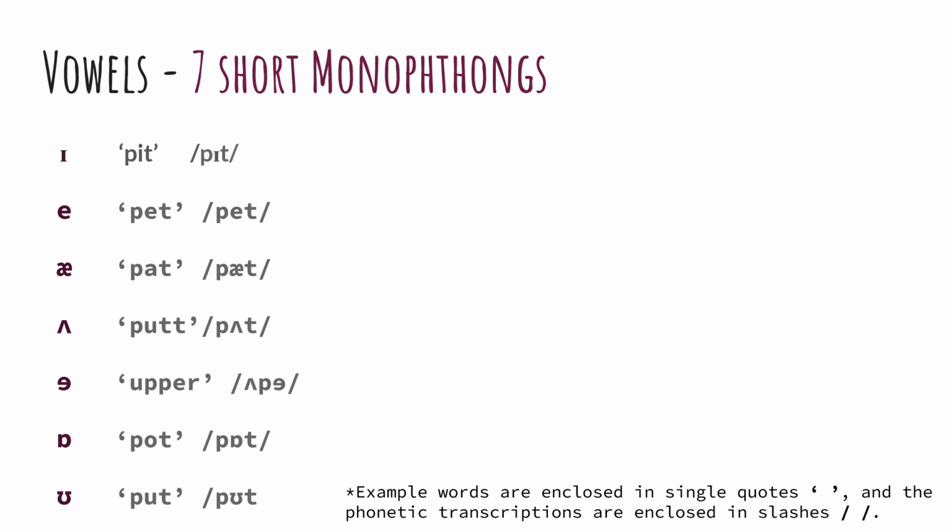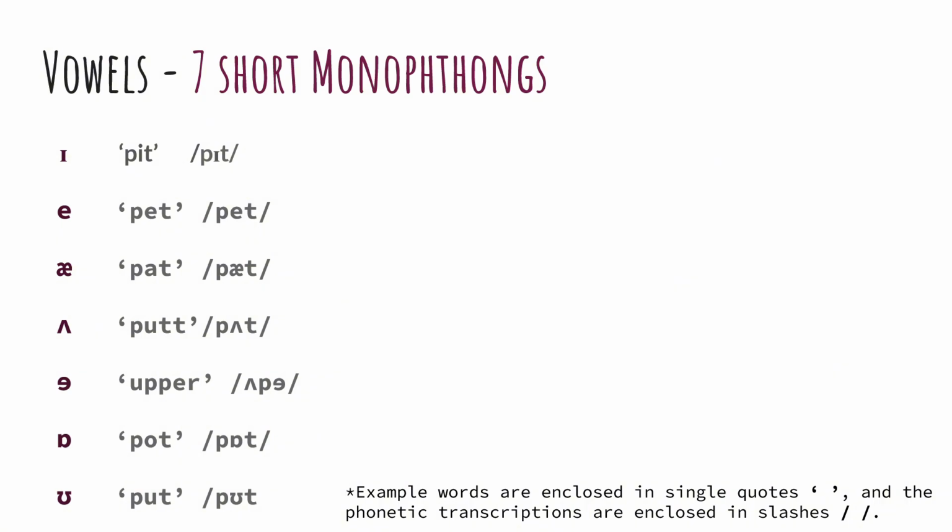Now let's look at those 7 short monophthongs, or 7 short vowels. Before we get started, I want to note that the example words are enclosed in single quotes and the phonetic transcriptions are enclosed in slashes in order to make the demonstrations clearer.